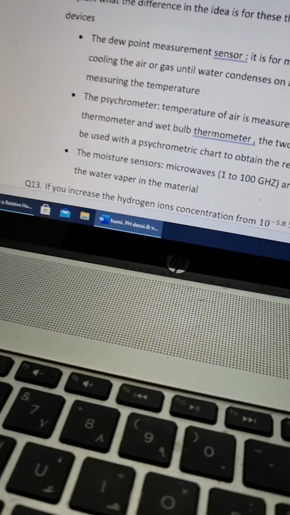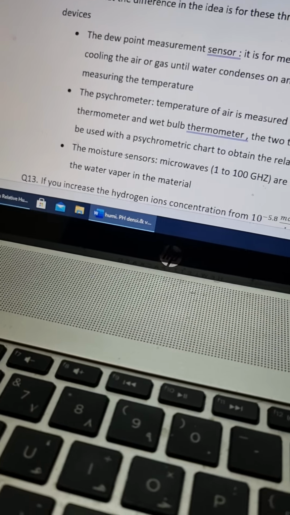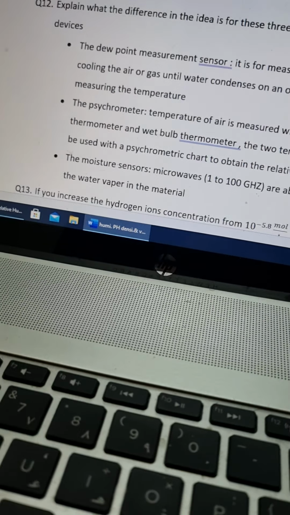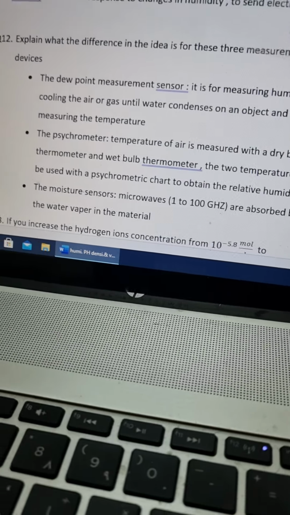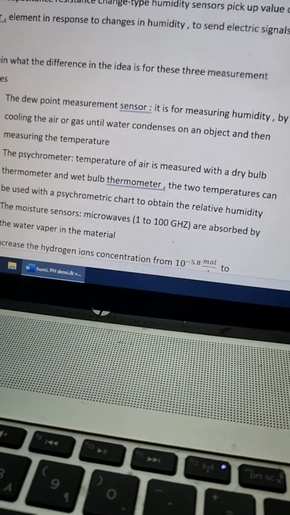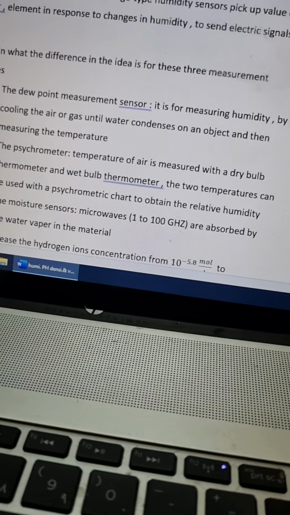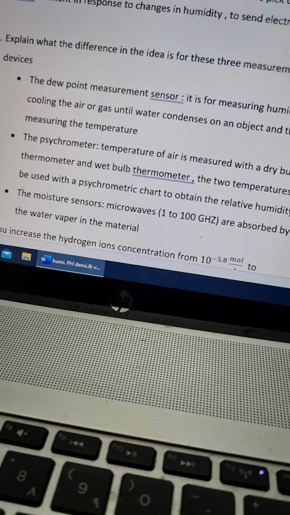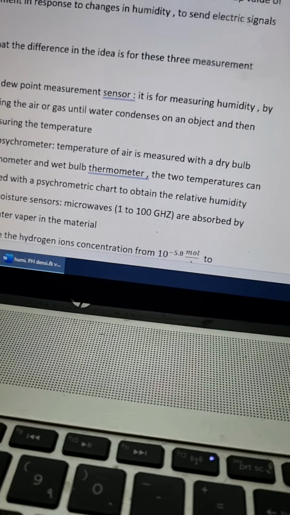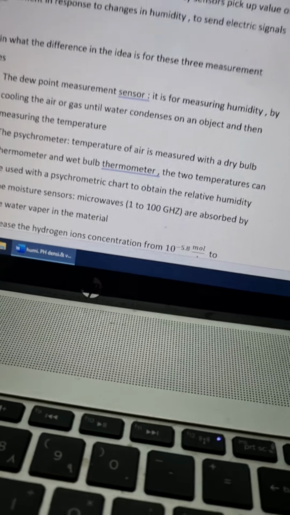Explain the difference between the idea of these instruments. We have the dew point measurement sensor. It measures humidity by cooling the air or gas until water condenses on an object, then measuring the temperature.